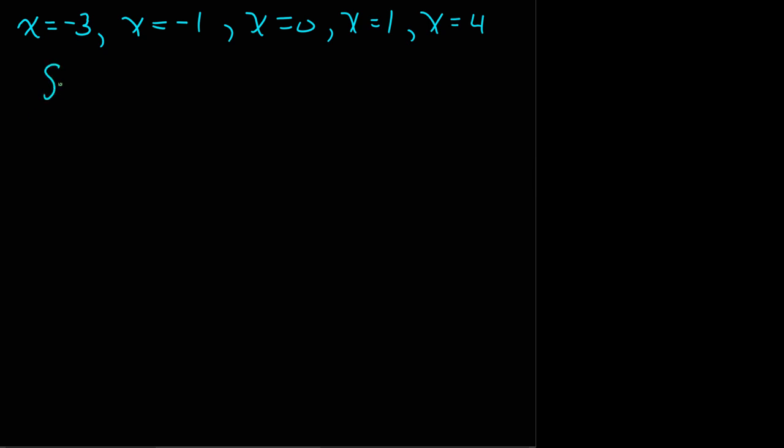And I knew that when x was 5, my function returned 6. Those were all the things I knew about this function from its graph.